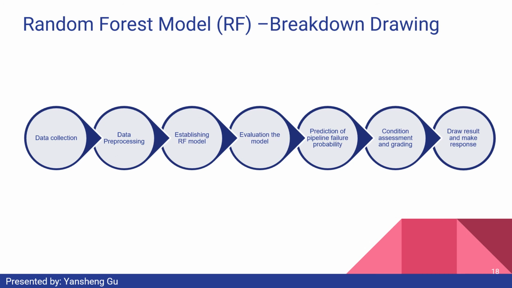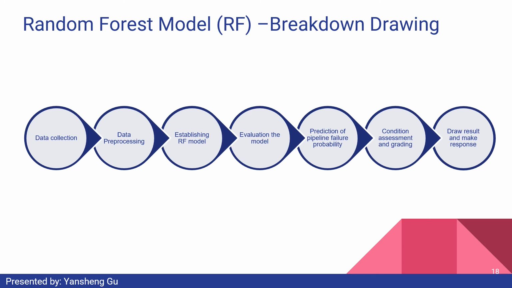The random forest model procedure consists of the following seven steps. The first step is to collect and extract the basic information from the basic database and damage database of the urban water network. The basic information includes pipeline attributes information, geographical environment, operational status, and spatial location.